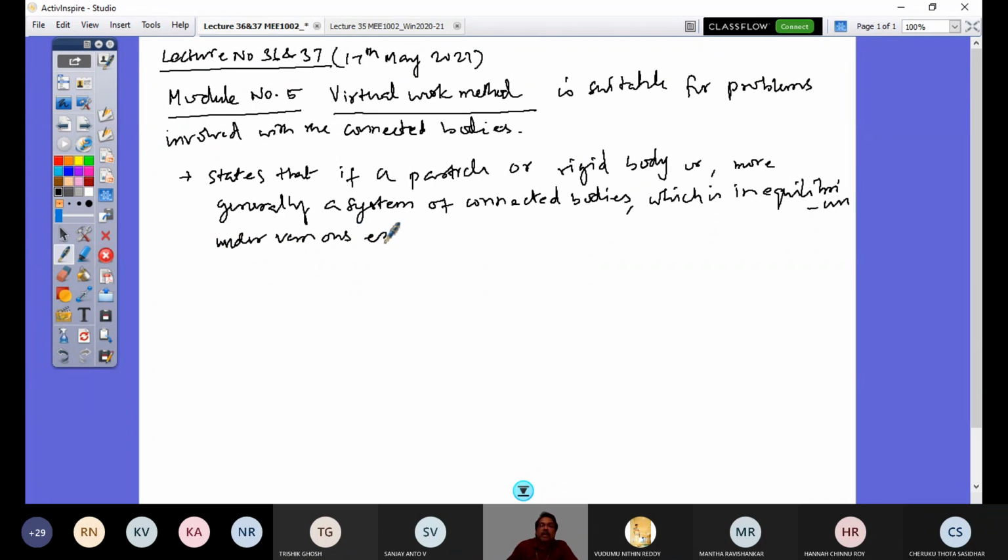under various external forces. When they are acted upon like that, what you are going to consider is, instead of the system resisting, when you look at a free body diagram, the system of forces, you will give a displacement consistent with the constraints, right?